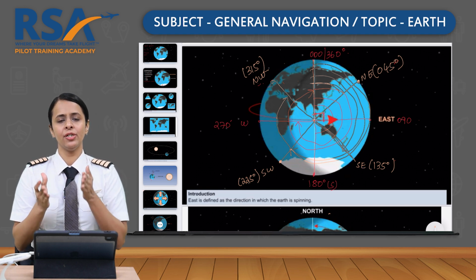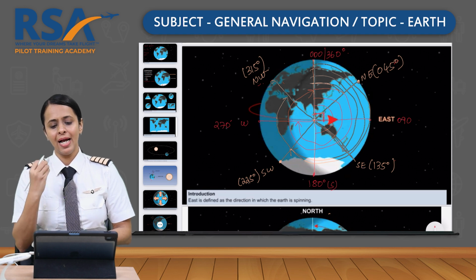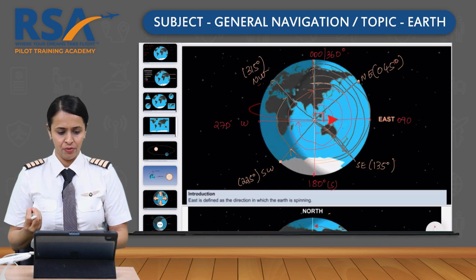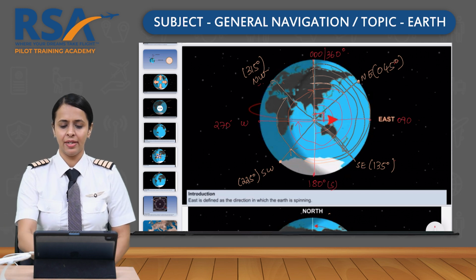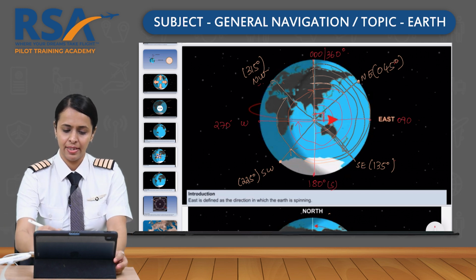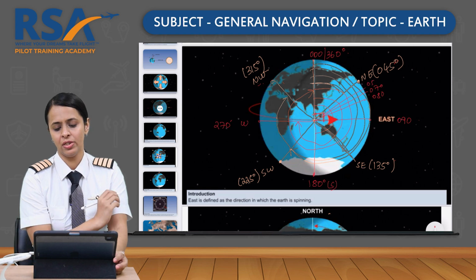So every direction can be given a number which has to be a 3-digit number, and it has to make an angle with north. This is what it looks like. So starting with 360, I can say this is my 090, 080, 070, 060, 050, 040, so on and so forth.